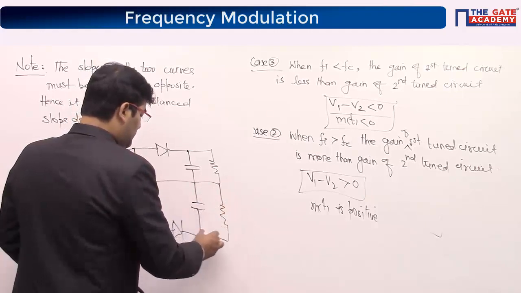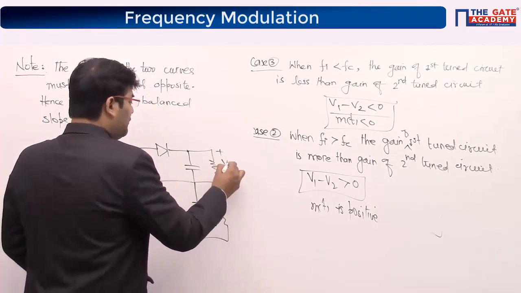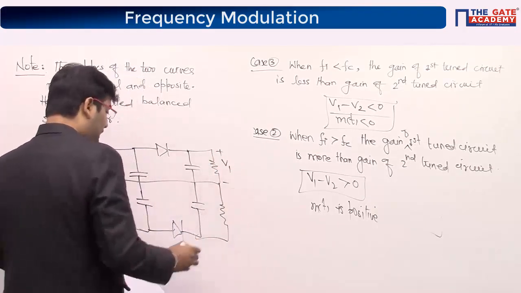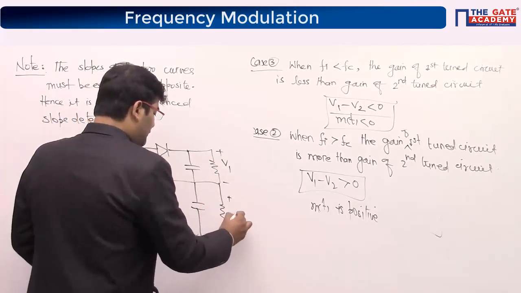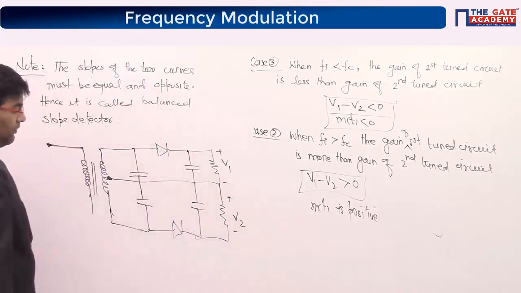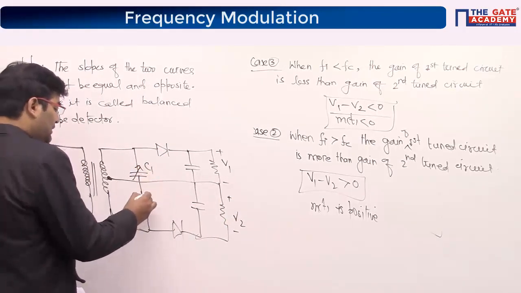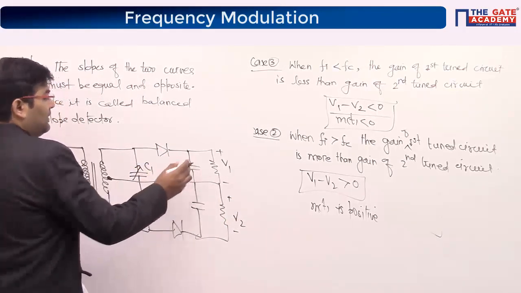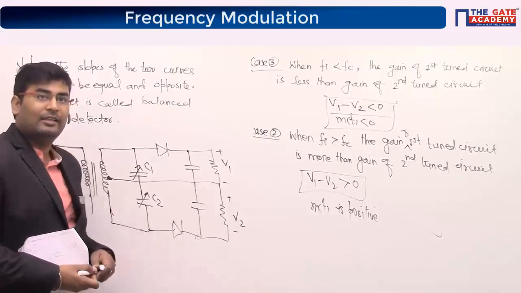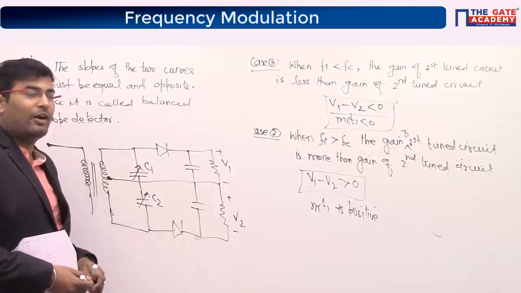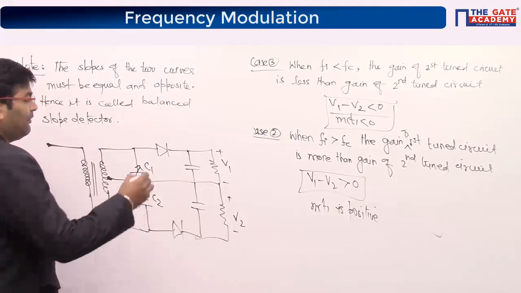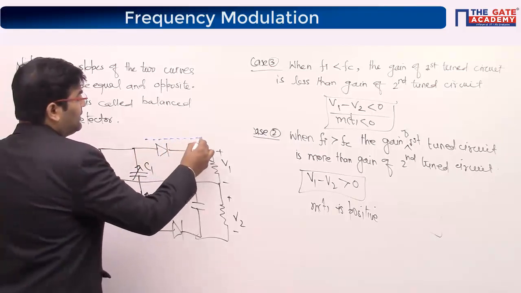See, here you will be measuring V1 and here you are measuring V2. These two are tuned circuit capacitors, it will be variable one. This part is envelope detector, guys. See, look at the beauty of the diagram. What I just mentioned in English, I am able to show you exactly.